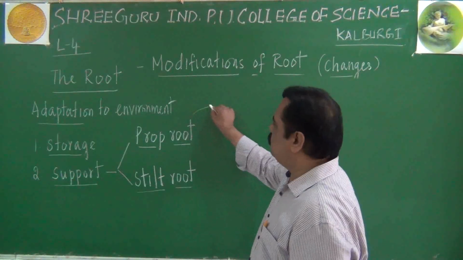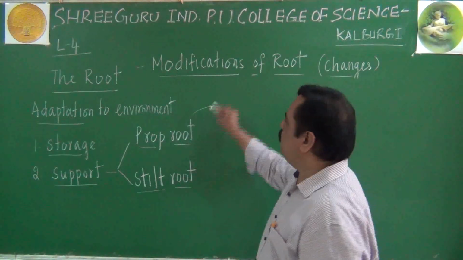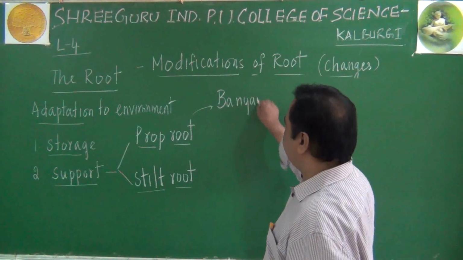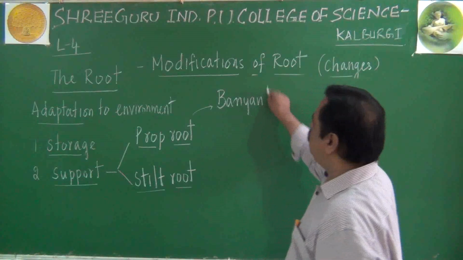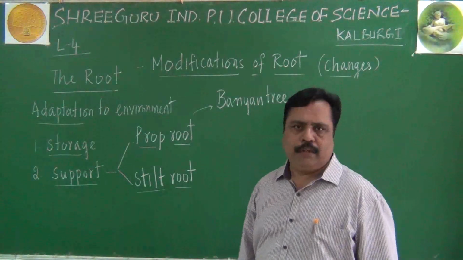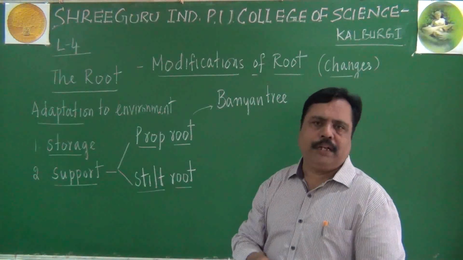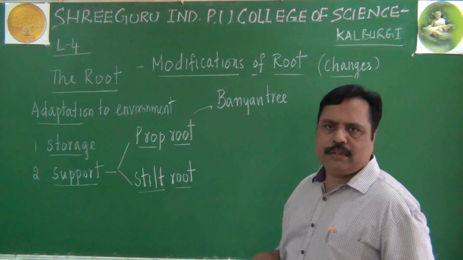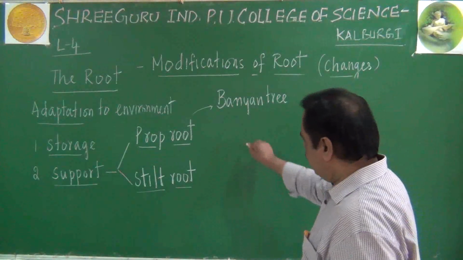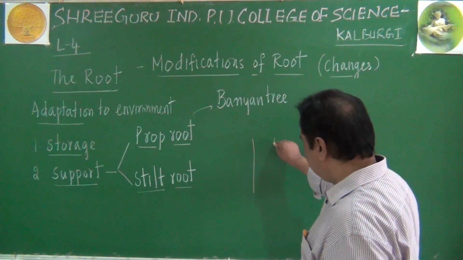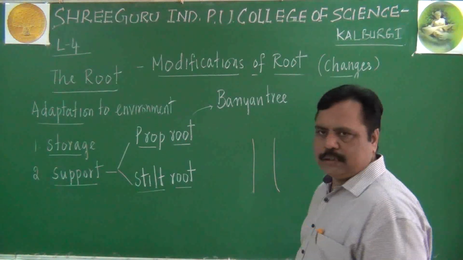Remember students, prop root can be found in banyan tree actually. The banyan tree is exhibiting prop root system actually. All of you might have observed the banyan tree. The banyan tree will be having a main stem, a woody, hard stem like this.